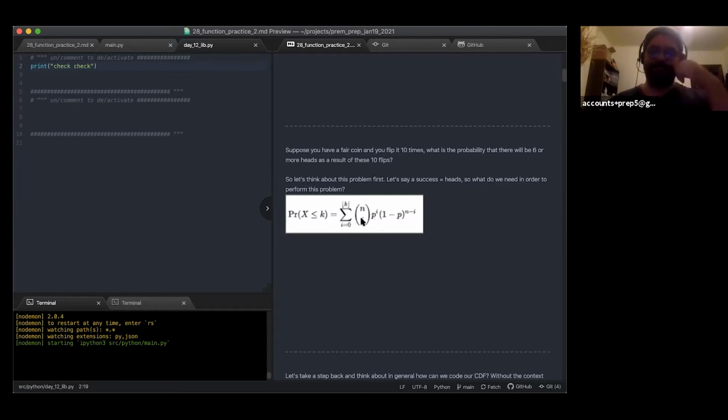So we've got the sigma, which means the sum from i starting at 0 up to k, summing all the results of n choose i times p to the i times 1 minus p to the n minus i. So what's that sigma mean? How can you read that sigma and translate it into Python?